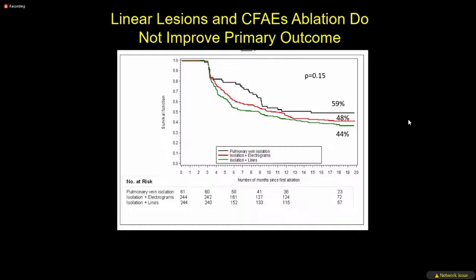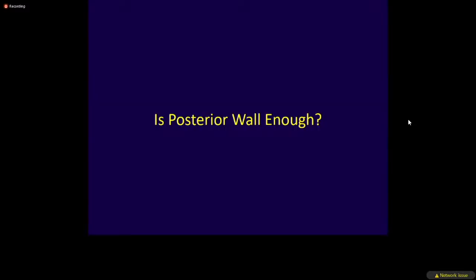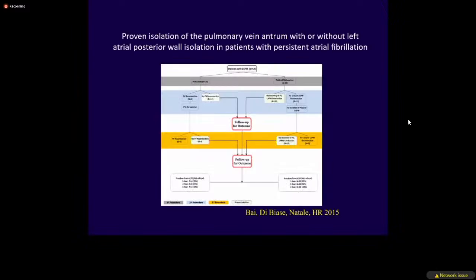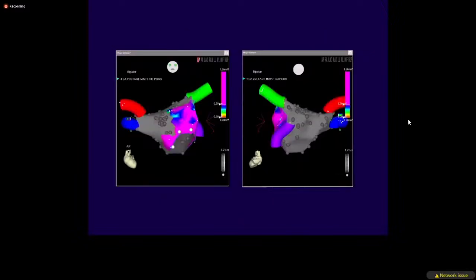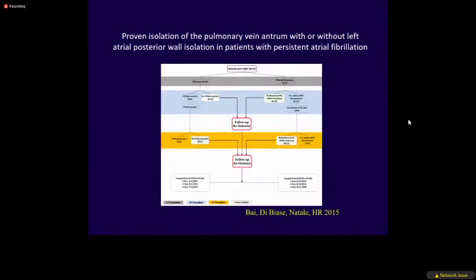I think this is the study showing that CAFE linear lesions do not change success as compared to PVI. One thing that I want to mention, besides the fact that the box approach is not effective to isolate the posterior wall: in this study, we remapped the patients before following them up to prove that either the antrum or the posterior wall was isolated.